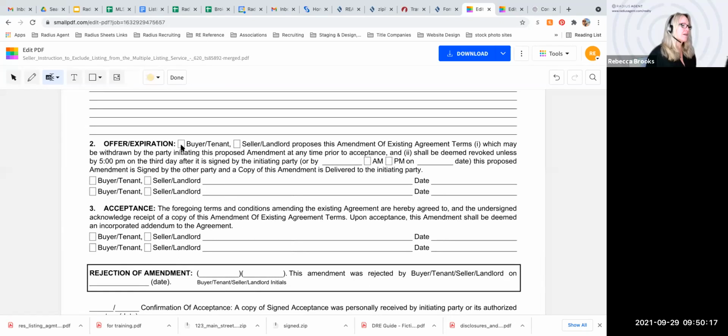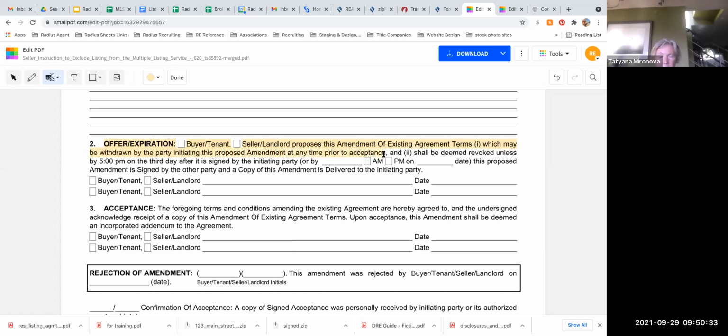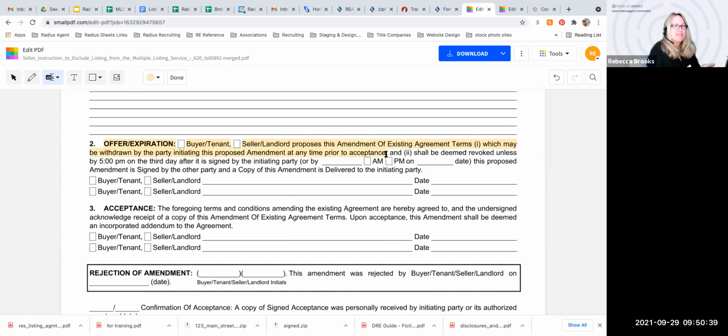Say that your buyer is proposing a price adjustment, they can say that the buyer or the tenant proposes this amendment of existing terms, which may be withdrawn by the party initiating the proposed amendment at any time prior to acceptance.